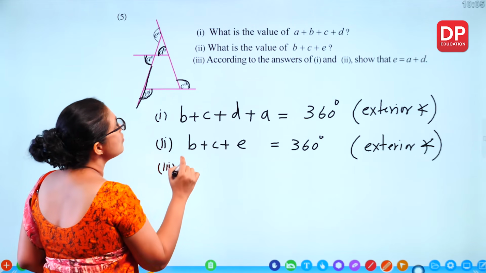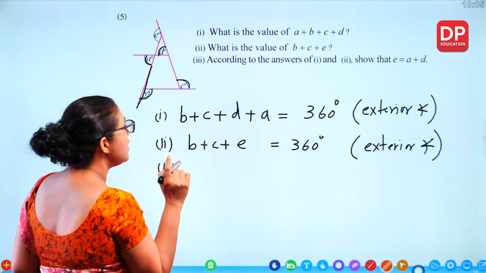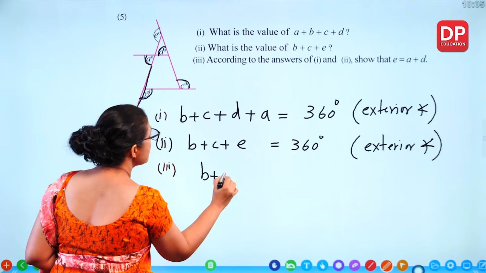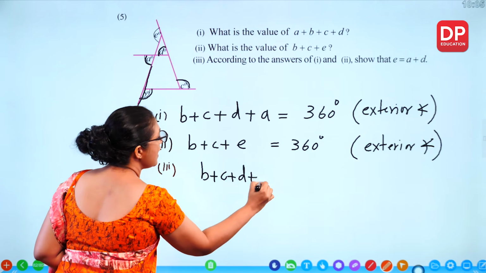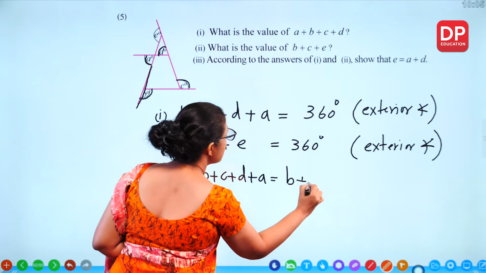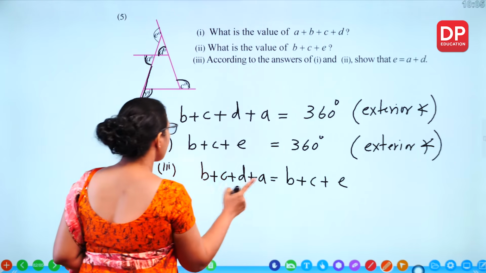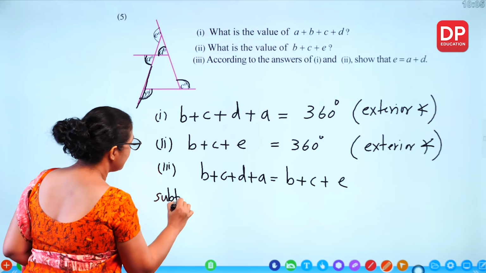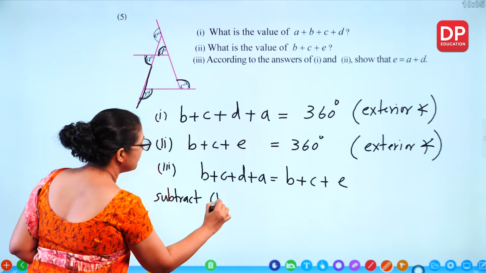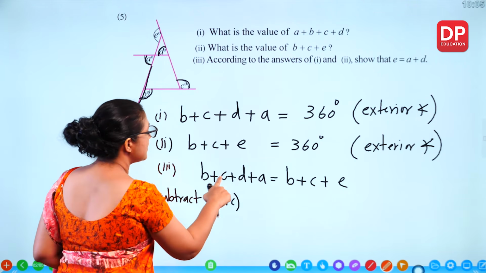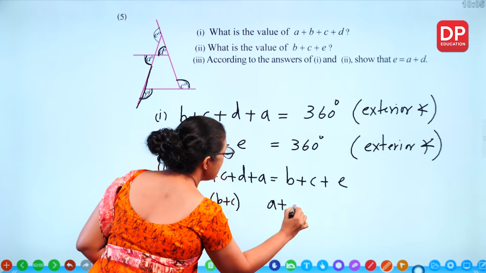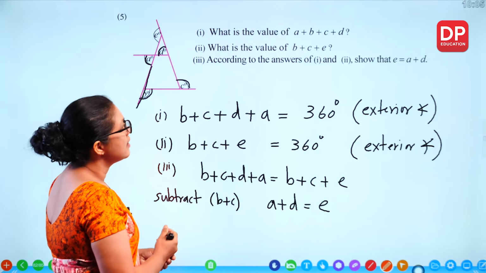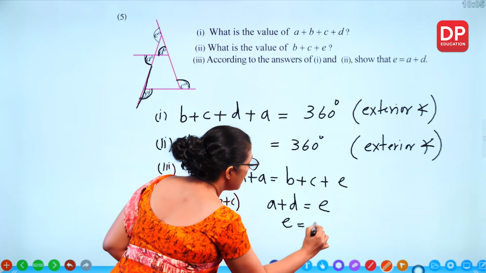Then, according to the answers of 1 and 2, show that E equals A plus D. So, both are 360. So, I can write B plus C plus D plus A is equal to B plus C plus E. Subtract B plus C from both sides. So, this gets cancelled out. You get A plus D equals E. So, you get E equals A plus D.